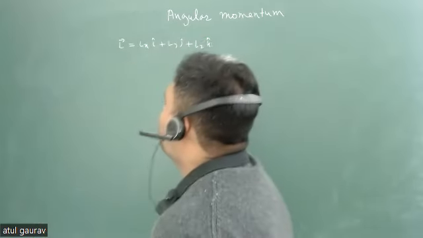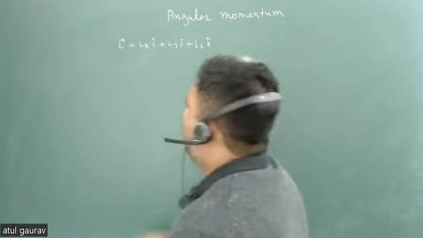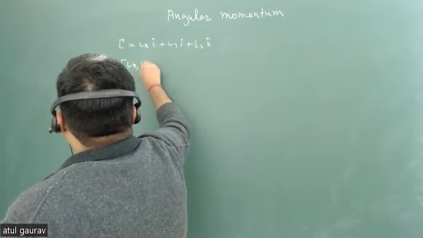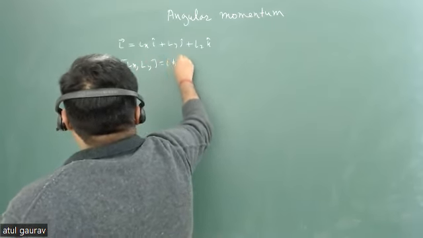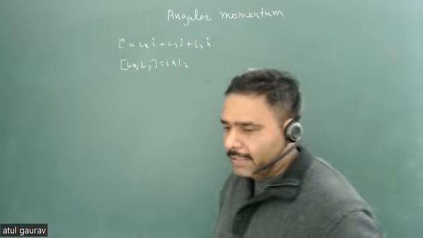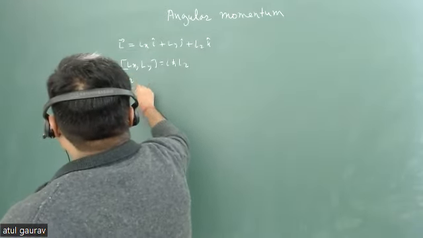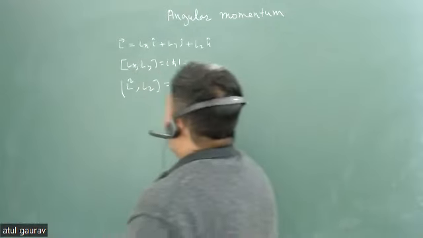Obviously, this is just an angular momentum operator, and we have a very nice commutator: [Lx, Ly] is equal to i h cut Lz, and similarly we have the cyclic nature of Lx, Ly and Lz, and we find a new operator, L square, and Lz is going to commute.